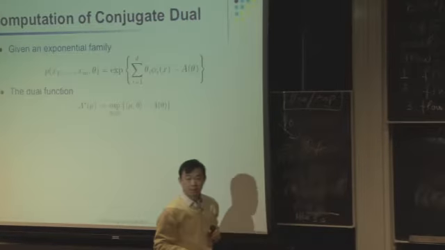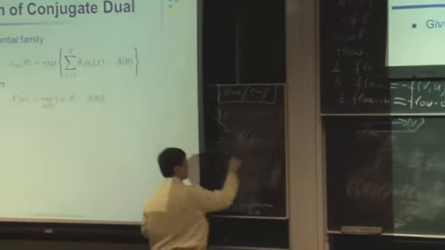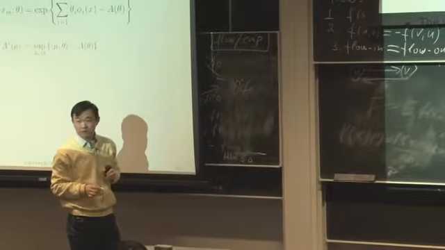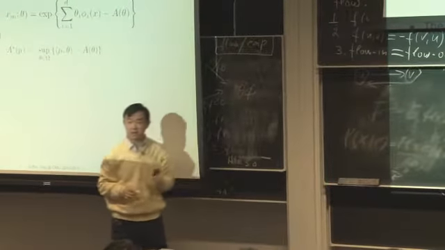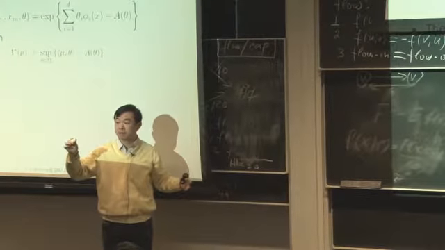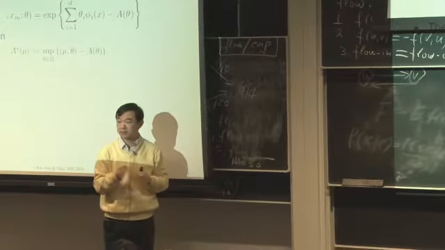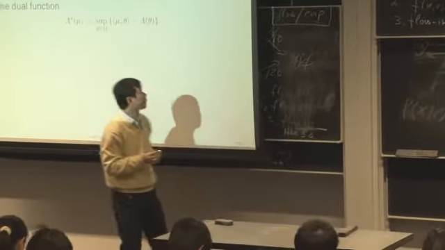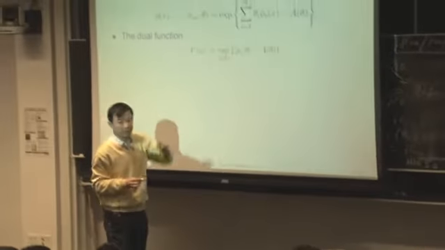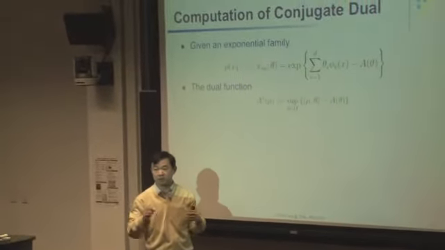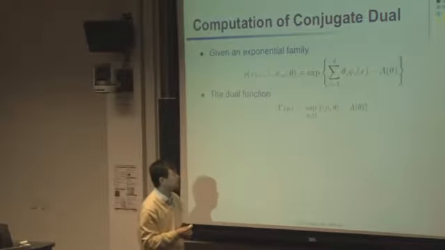Theta is implicitly a vector, and phi is implicitly also a vector of different potentials or sufficient statistics. By expansion you can make them into a d-dimensional summation because you have d such sufficient statistics.